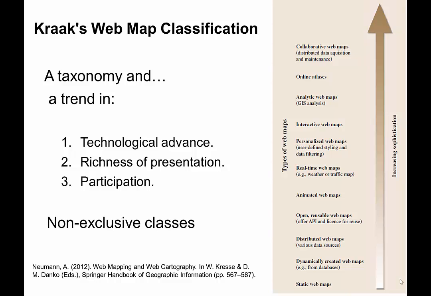Now, this classification, and we'll go through each of these classes one by one, represents both a taxonomy and a trend. So it's both a way of classifying web pages, but also it represents a trend in development and technology through time. We're adding more classes as time goes on, and our technology allows us to do new things. So it's a trend because of technological advance.